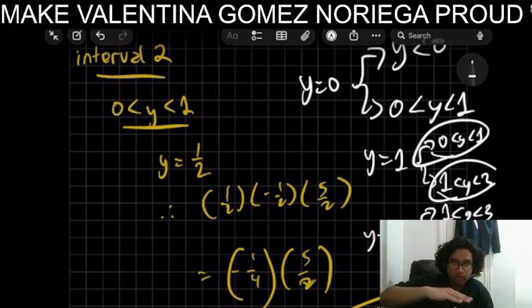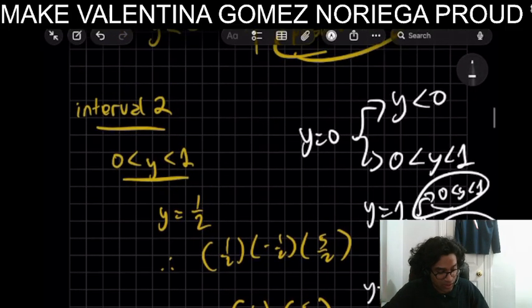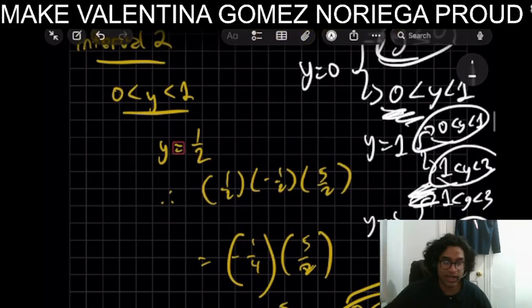The bottom for the previous one is the top for the next, so these pairs are the same, and you need y less than 0 and y greater than 3.